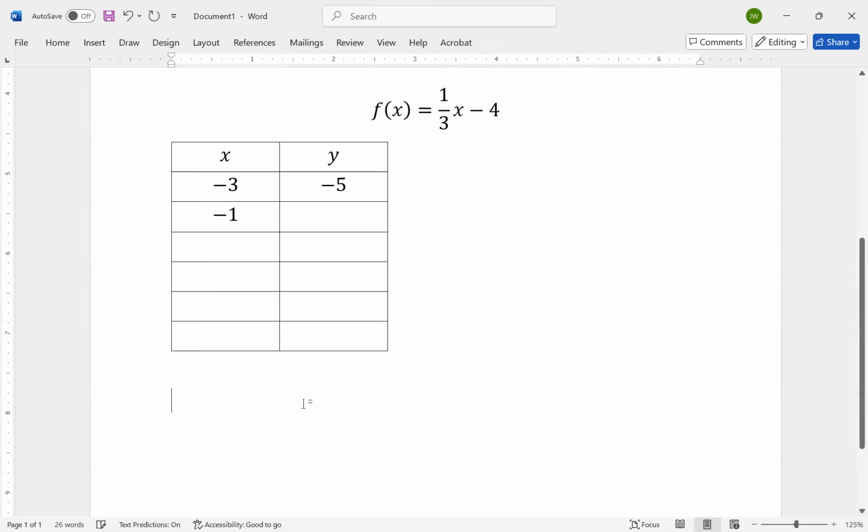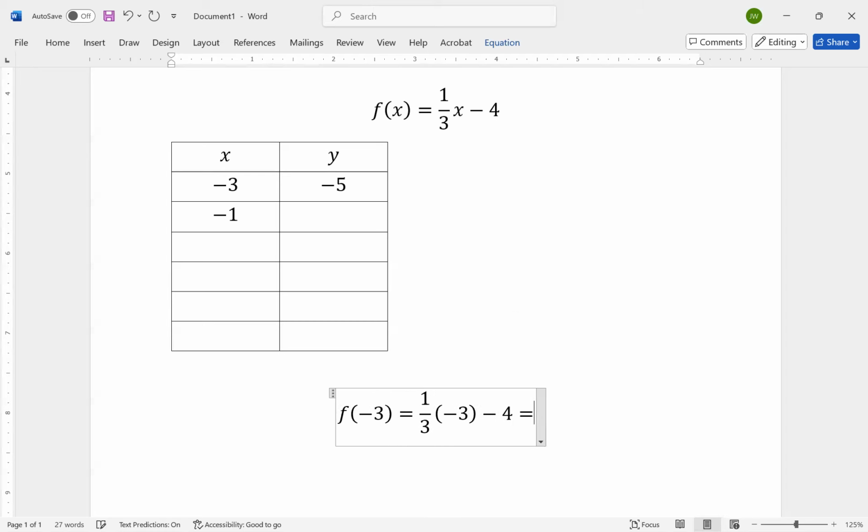Hopefully everybody is understanding where I'm getting those values. I'm simply plugging in a -3 for my x and then simplifying that right-hand side. When I simplify that right-hand side, I end up with a -5.